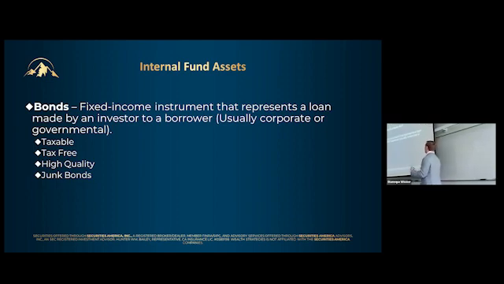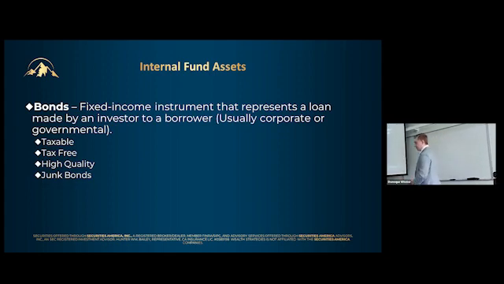Usually you're thinking of really big corporations or governments. The bottom line is triple B. Triple B is kind of that sweet spot where people think we're taking on just enough risk to get that extra return, but it's not so risky that I'm putting my money in that way. We'll get into those specifics later.